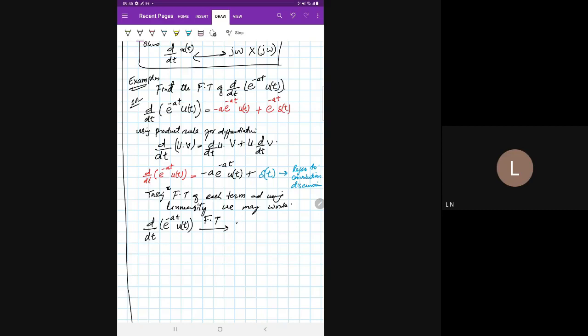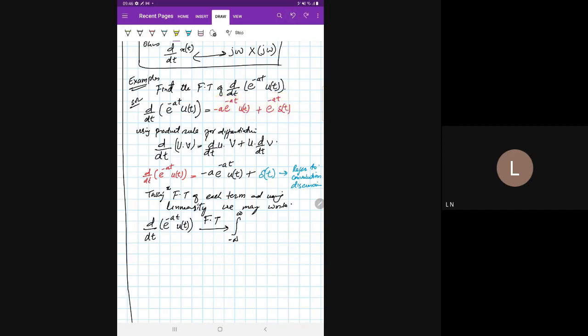What is the Fourier transform general equation? Minus infinity to plus infinity. Then we'll take the Fourier transform of this, which we have expanded here. d by dt of e raised to power minus at u of t is equal to, by applying the product rule, we have separated the terms.